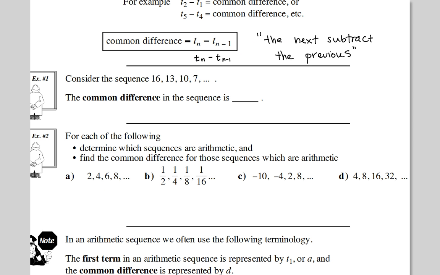The next sequence is the exact same numbers, but going in the opposite direction. So the common difference here is -3, since we'll just pick 10, take away 13 equals -3.